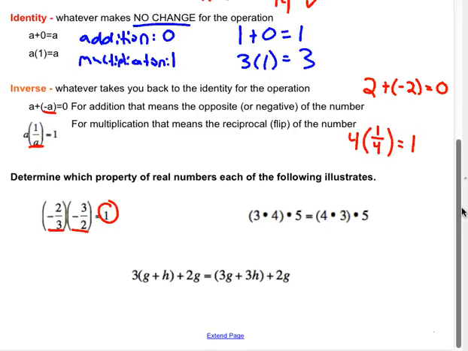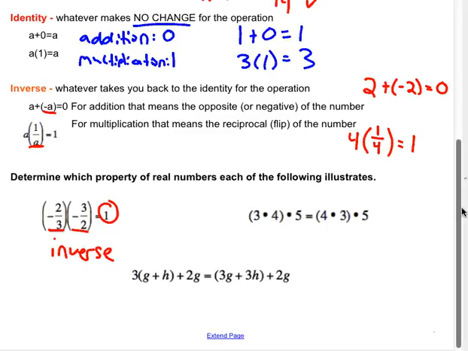But that sounds really familiar. And in fact, hopefully you can see I'm multiplying by the reciprocal. I'm multiplying by the flip of 2/3 to bring it back to 1, which is the identity. So remember, if I'm doing something to bring it back to the identity, that's going to be the inverse.